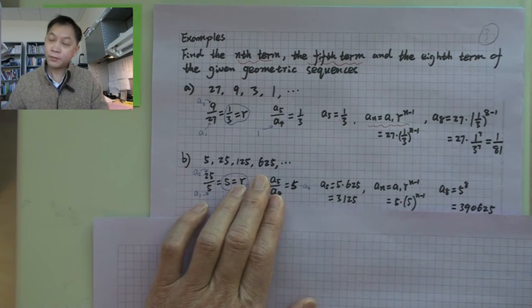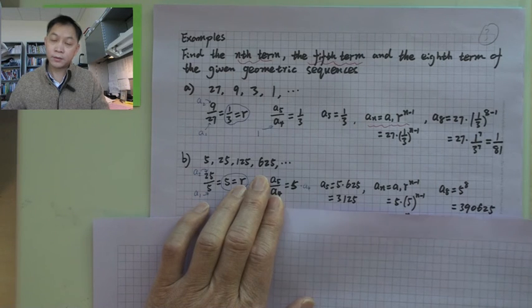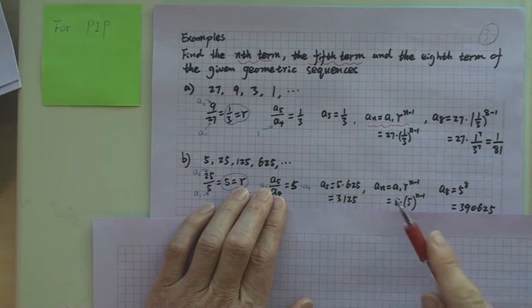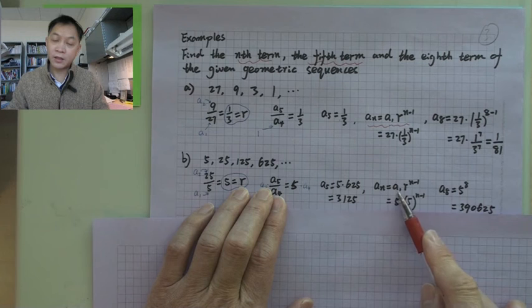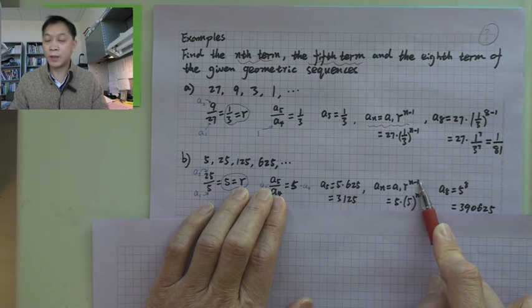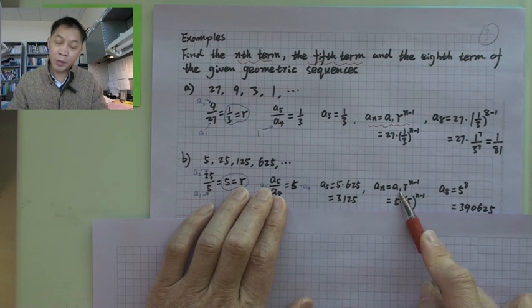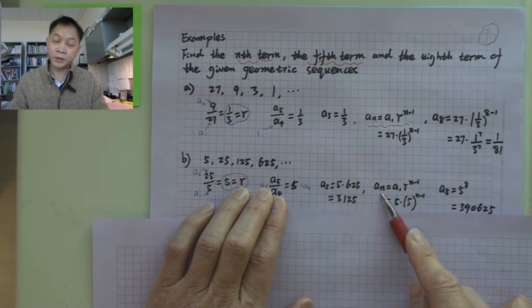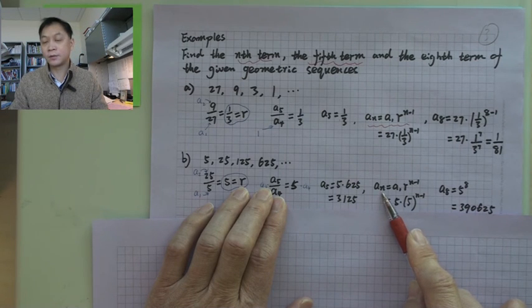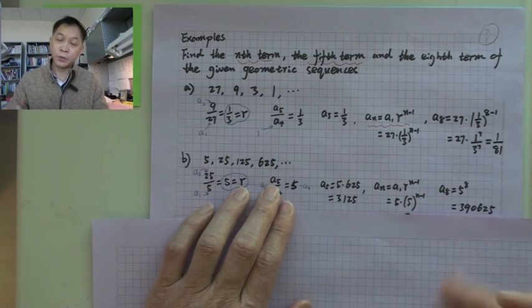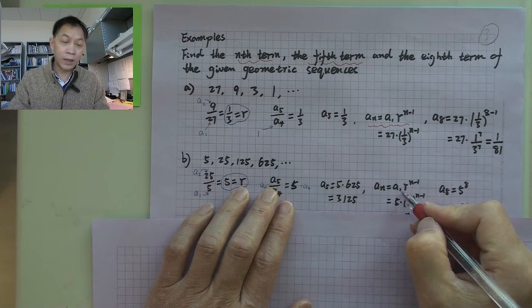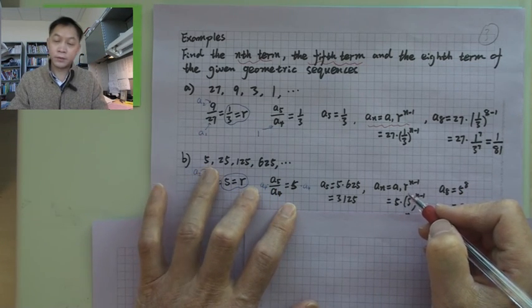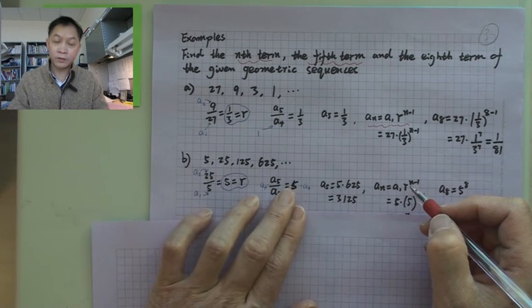Now, the nth term is the first term times the ratio to the n minus 1. Again, subindex 1 plus n minus 1 has to be n, subindex n. Now, here A1 is 5, and R is also 5.